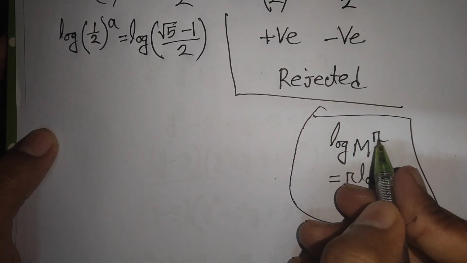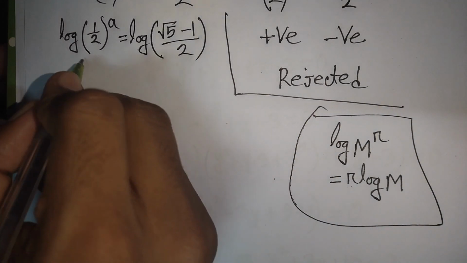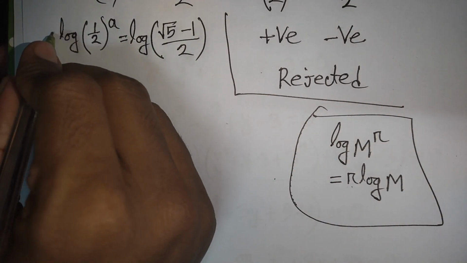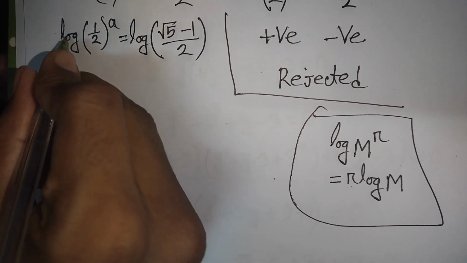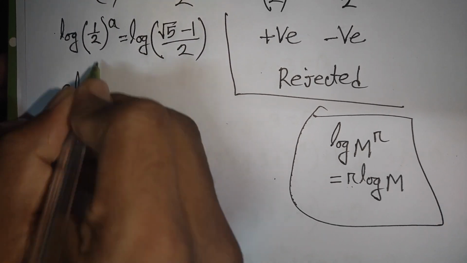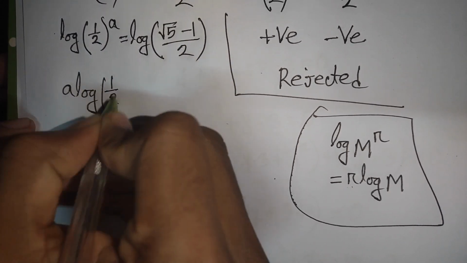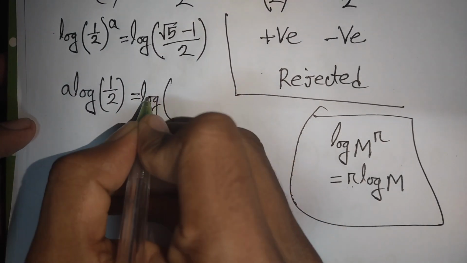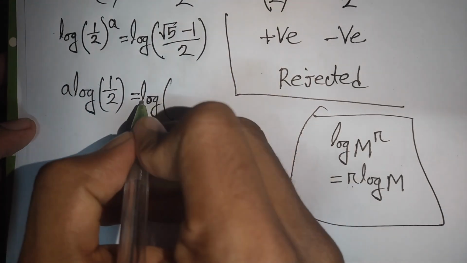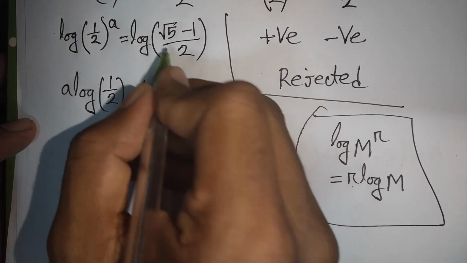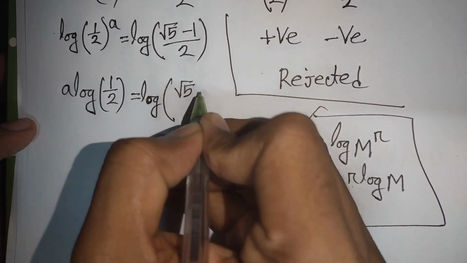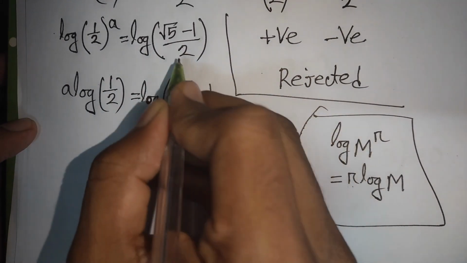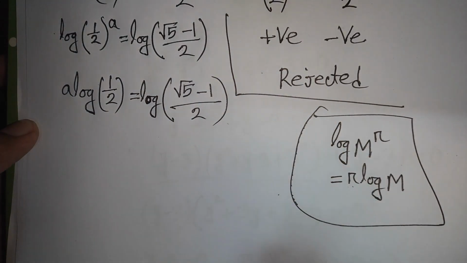That means this power r will move to the front. So this power a will move to the front. So it will be a log (1 by 2) is equal to log of (square root of 5 minus 1) divided by 2.